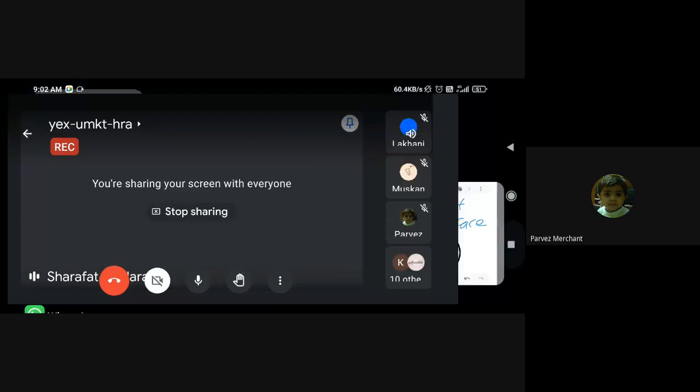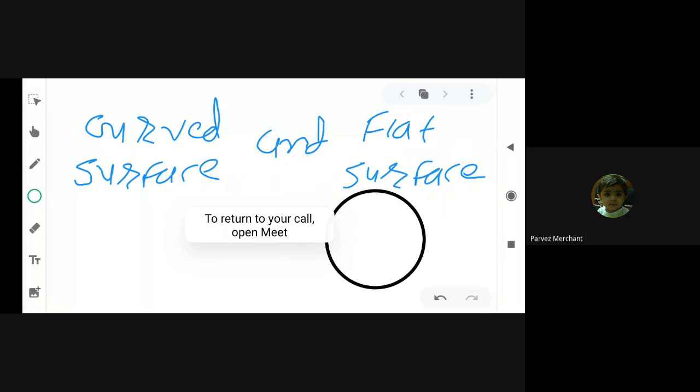Okay, chalo. Please remember this one thing: circle has a flat surface, not a curved surface. Circle has a circular shape, but it doesn't mean it is a curved surface. No, it is a flat surface.